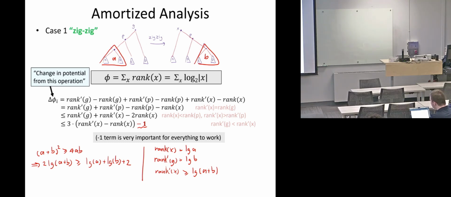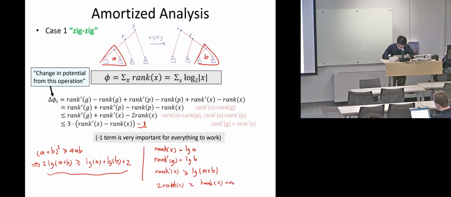This is just the total weight of this subtree. I let B be the total weight of this subtree, so the old rank of X is log A. The new rank of G is log B. The new rank of X is at least log A plus B. Now it means that 2 rank of X, using this thing here, is at least old rank of X plus new rank of G plus 2.